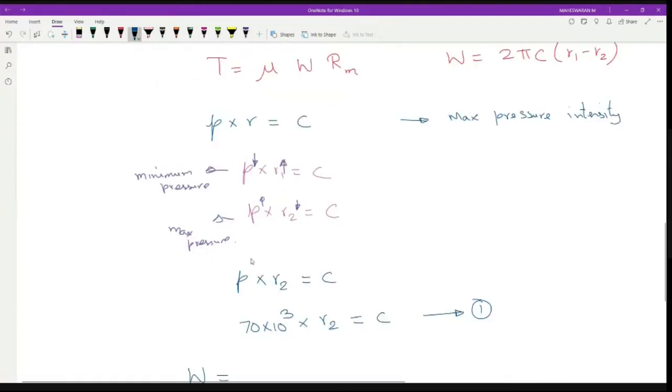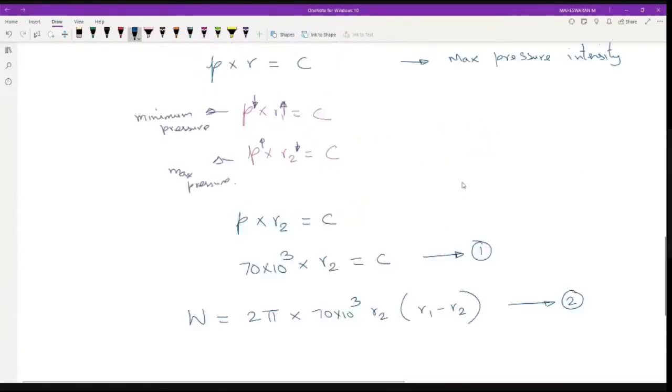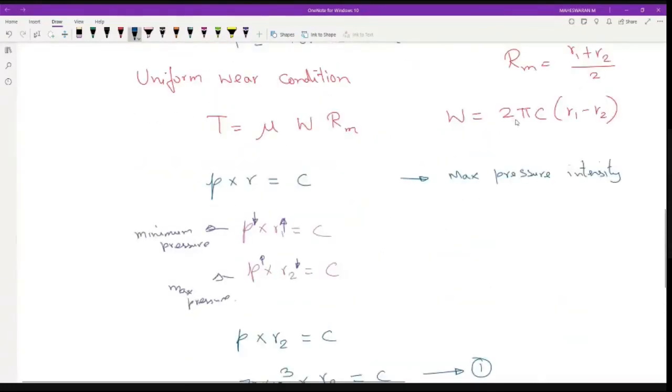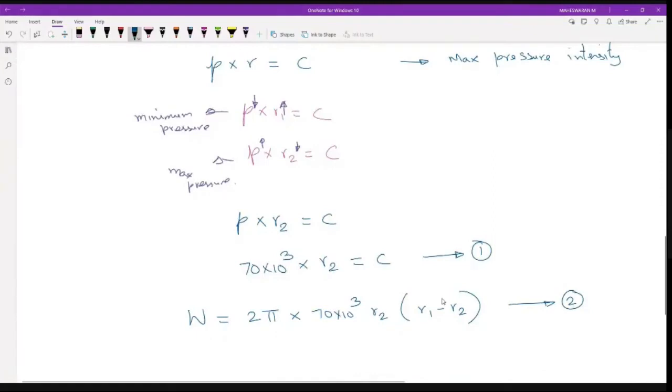So the formula is 2 pi into this one, 70 into 10 power 3 R2 into R1 minus R2. This is the second equation, right? So you can see here, 2 pi C is what we identified, into R1 minus R2. So we got something like this.